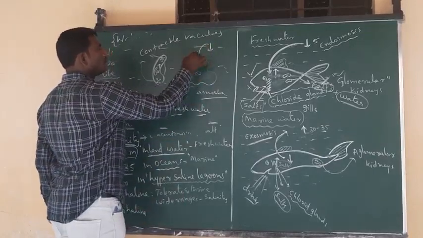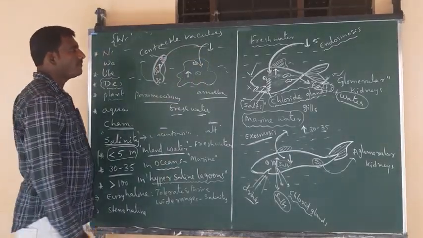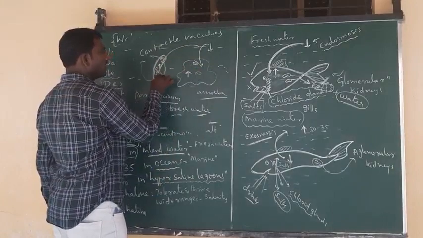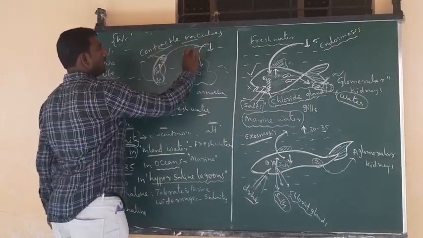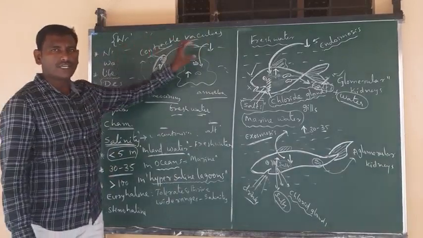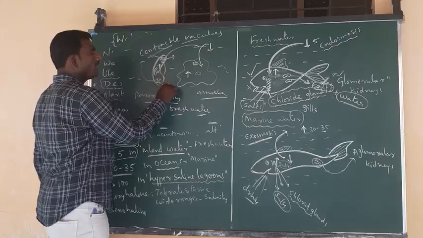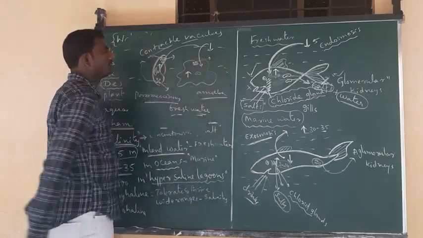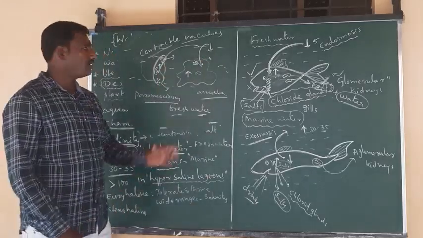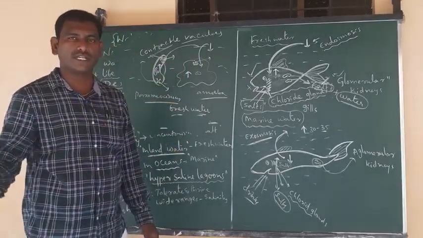Water enters into their body by the process called endosmosis. To compensate this problem, these organisms possess contractile vacuoles. These contractile vacuoles are equivalent to the kidneys of vertebrates. The excess water is eliminated by contractile vacuoles. So the main function of contractile vacuoles is to eliminate the excess water which enters into the body by endosmosis.